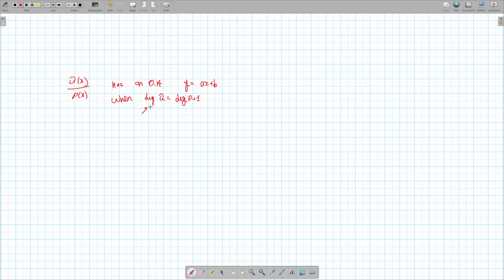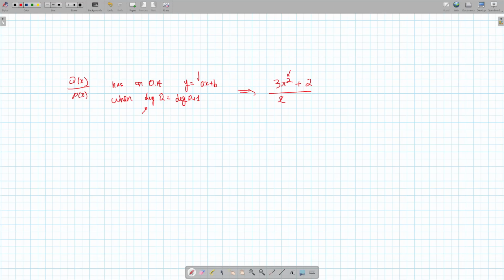For those of you who don't know what degree means, it means the highest power. For example, 3x squared plus 2 over, let's say, x. The degree of this is bigger than this by 1. Right? So that means I have an oblique asymptote.